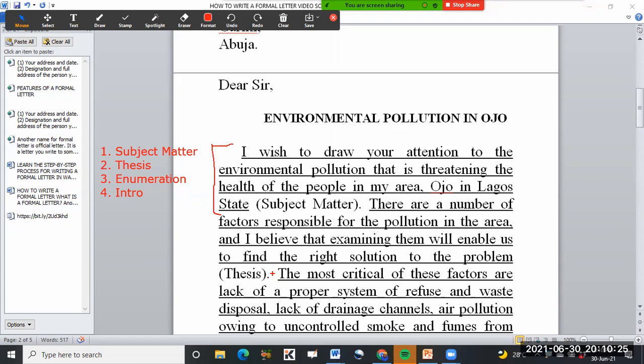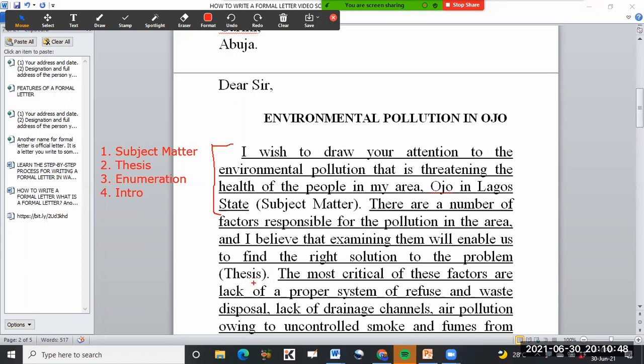You are not going to write everything about environmental pollution. There are a number of things you can say about environmental pollution, but you have chosen to examine the factors responsible, and then be able to find a solution.